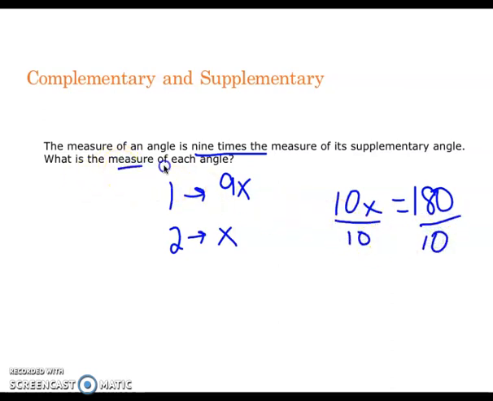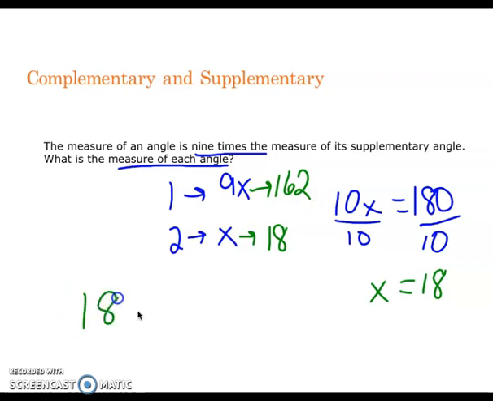But it wants to know the measure of each angle. So don't forget, after I find x to equal 18, I'm not done. The first angle is 18. The second angle is 9 times 18, or 162. So the answer would be 18 and 162, because together they're supplementary and they're 180 degrees.